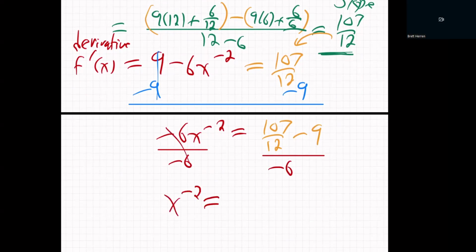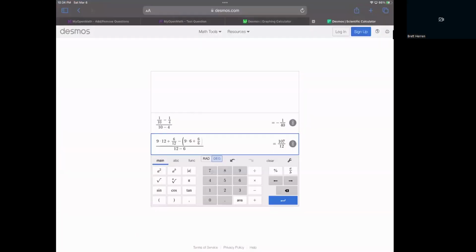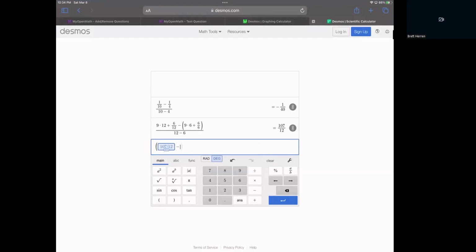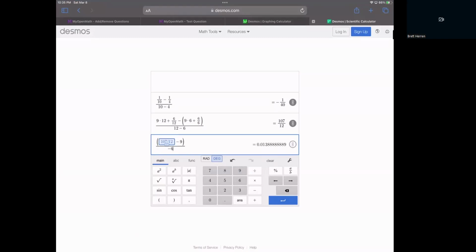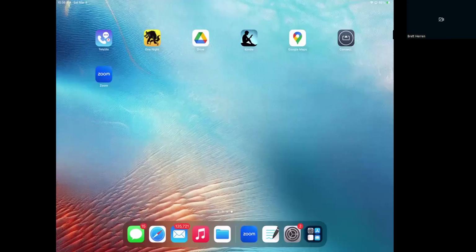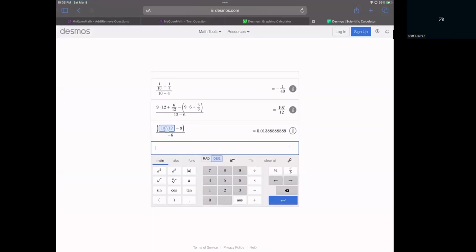Okay, 107 over 12 minus 9, over minus 6. Answer minus 9 over minus 6. Yeah, there we go. Enter. So there's the right side.